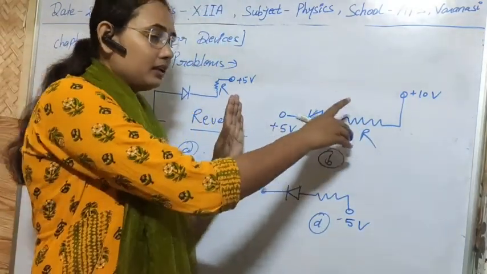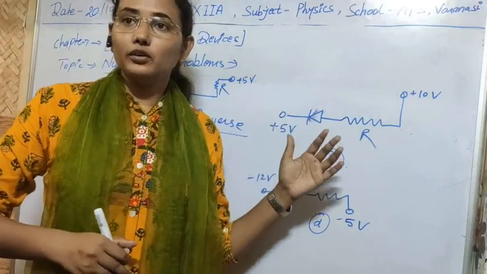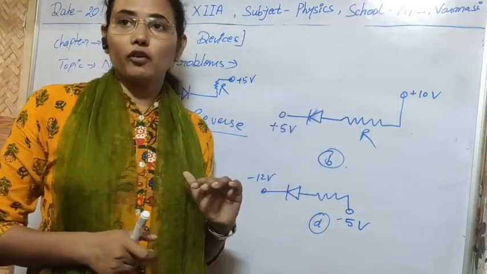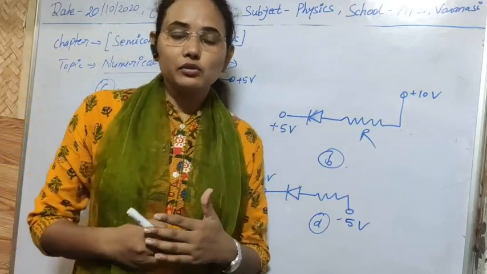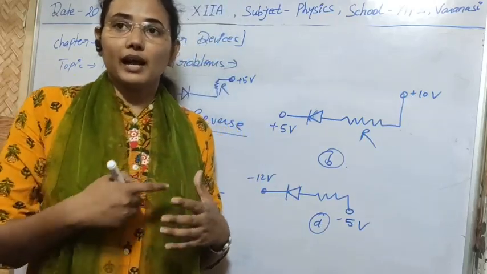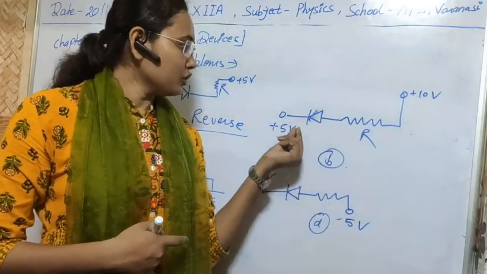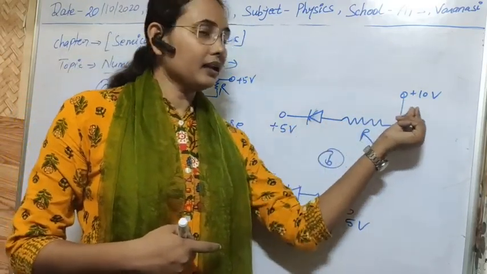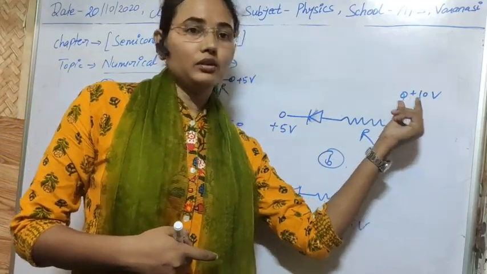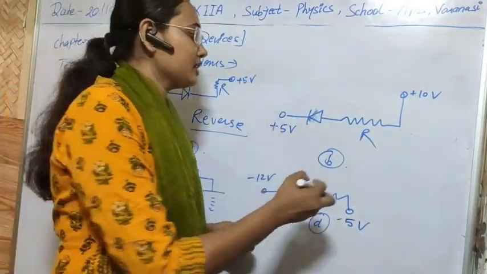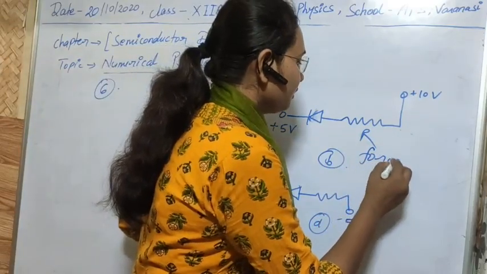Here the difficulty can be that there cannot always be voltage in negative or positive form. Sometimes we have to see the respective value, the comparative value. As you are seeing, the P type material has a more positive value than this, so this will be in forward bias.